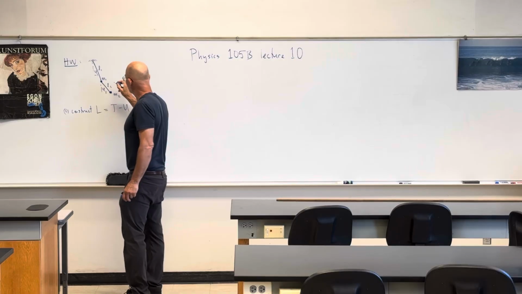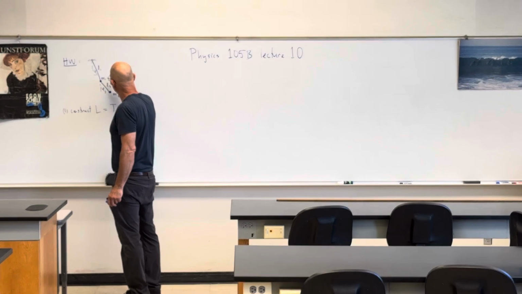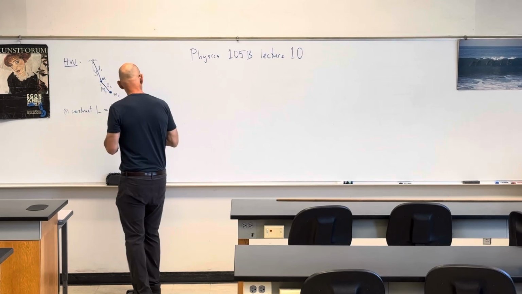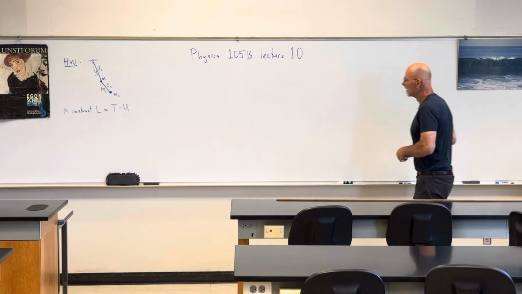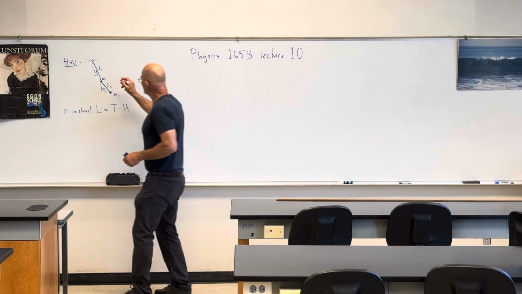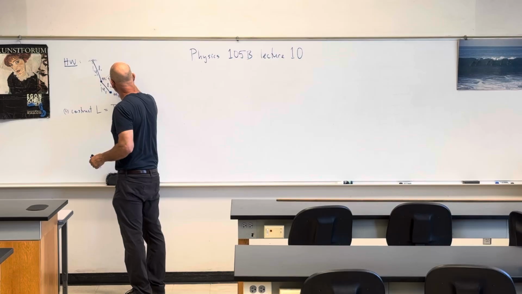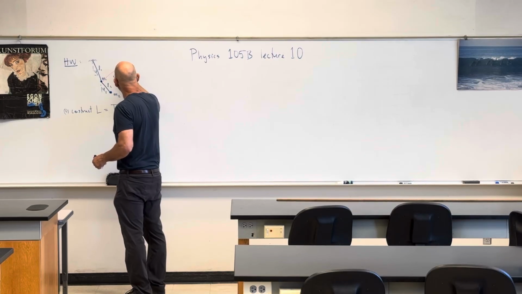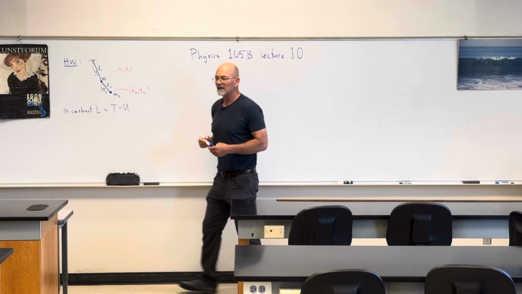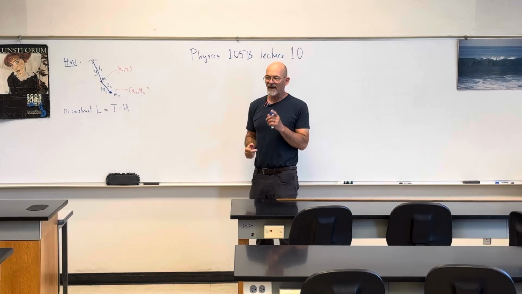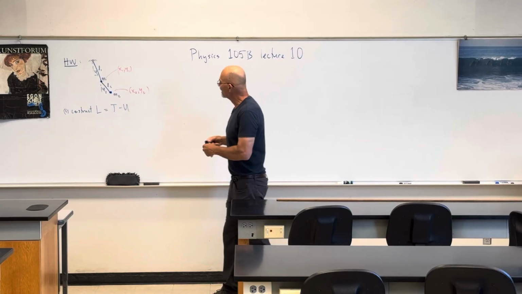But what we have here is, in a different color, the coordinates, and there are x1, y1, and down here we have x2, y2. Right? And they're not independent, so we have to do a bit of work.